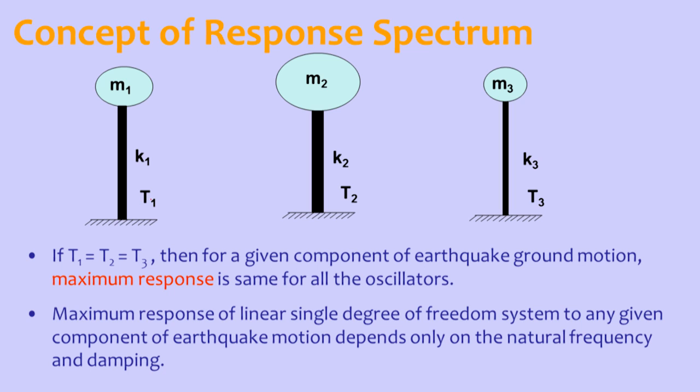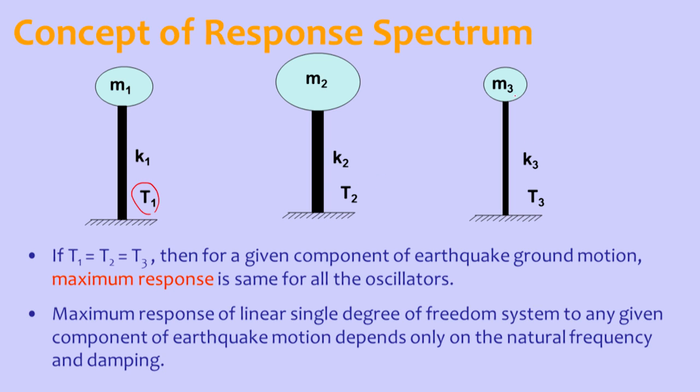If we calculate the natural period of this structure, it will be T1, where T1 is equal to 2 pi root of M1 by K1. The second structure is again an idealized structure, with mass M2 and stiffness K2. T2 is the natural period of this structure, calculated as T2 equal to 2 pi root of M2 by K2.